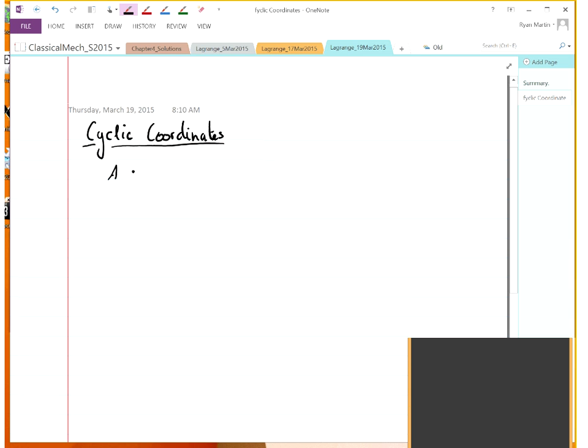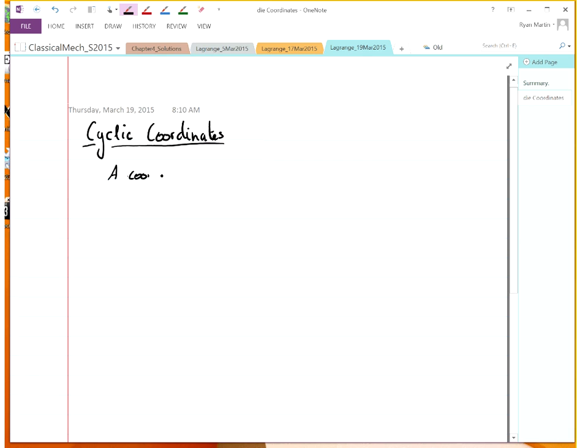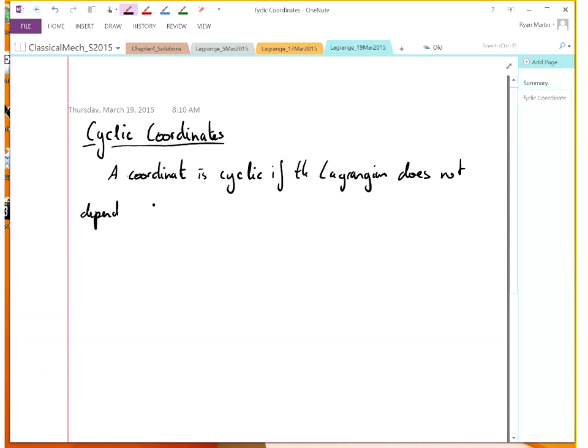We say that a coordinate is cyclic if the Lagrangian does not depend explicitly on that coordinate.